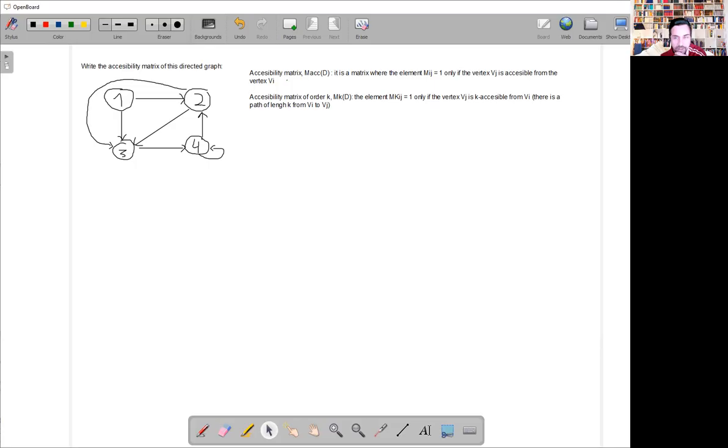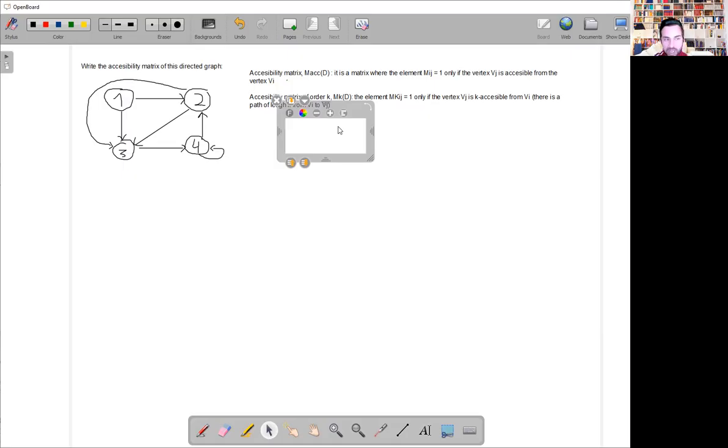Right, so there are two ways of calculating this matrix. One is the direct way, right? We can come here to the graph because this is a very small graph, and we can say, okay, we start by the node 1, and the node 1 is accessible from 1, right?